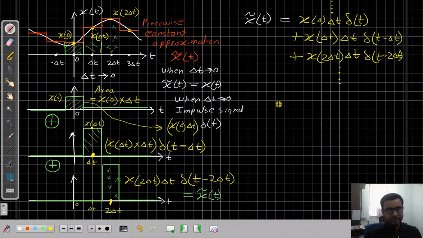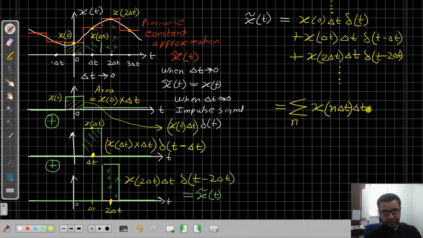And then in a compact form, I can write it as a sum of x. This you see varies as 0, del t, 2 delta t, 3 delta t, and so on. So I will write as n times delta t. Sum will be carried over the integer n. Then we have this term common everywhere.